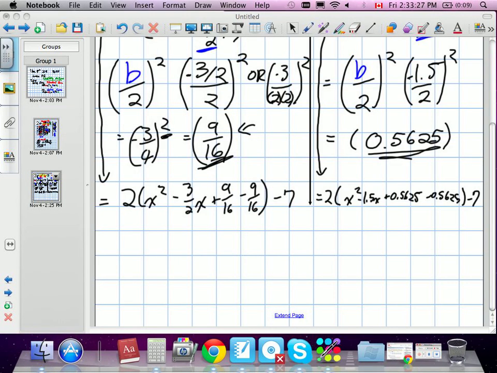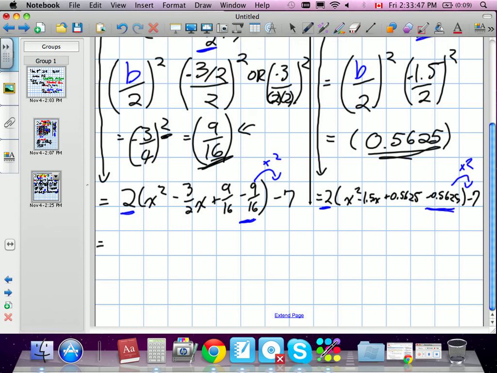Now that I've added and subtracted the numbers, remember I take the negative version of the number I've put in to the outside. Now when I take it to the outside, I have to multiply by whatever the common factor was. So in this case, it was 2. So when I take those numbers to the outside, I have to multiply them by 2.